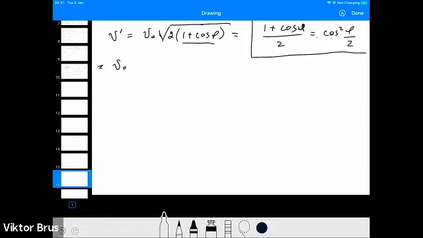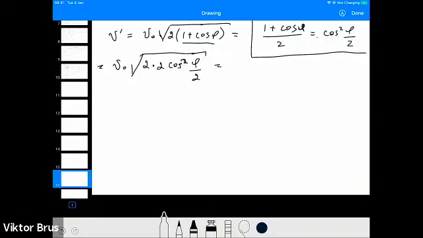So v prime equals v naught square root of 2 multiply 2 cosinus square phi divided by 2.